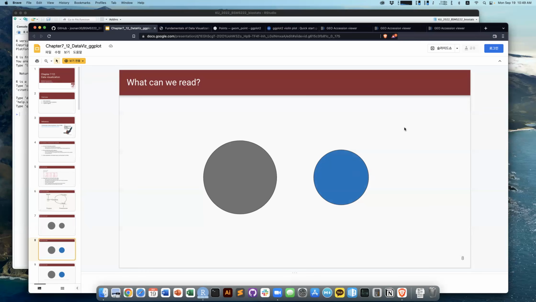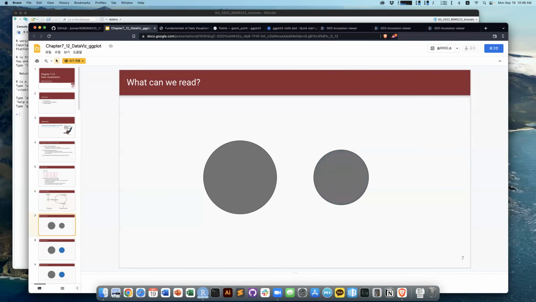So we can say that these two data points are different entries, but these two entries might belong to different groups or categories. Like first year students or second year students, or A university or B university.